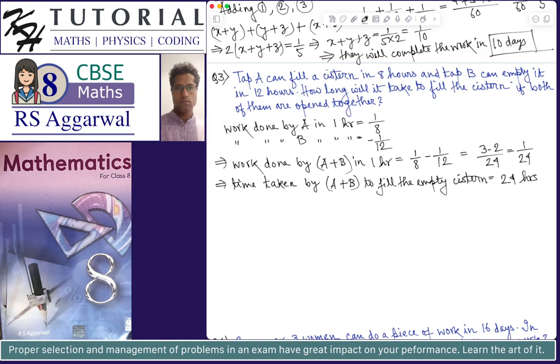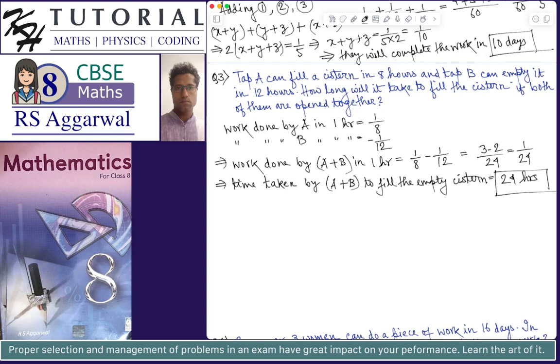If you know that the work done by one or more pipes in 1 hour is 1 by n, and n is positive, which means that the tank is being filled up, then we can say that the whole tank will be filled up in n hours. So the answer is 24 hours.